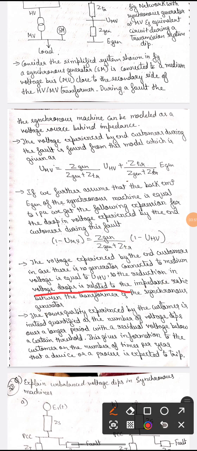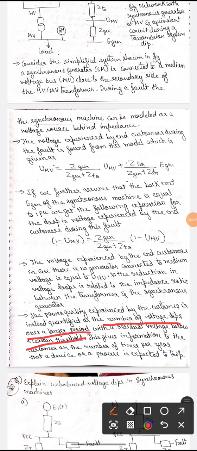So the power quality experienced by the customer is instead quantified as the number of voltage dips over a long period, with a residual voltage below a certain threshold.